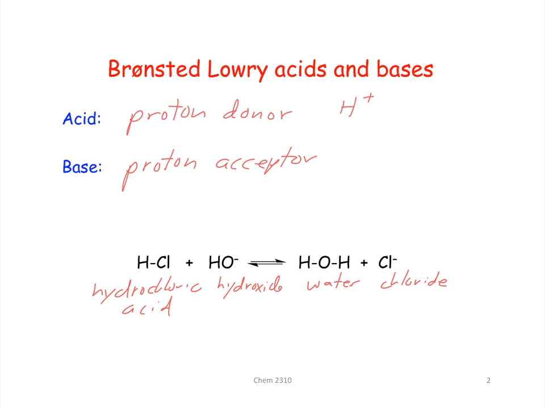All right, so we can take a look at this reaction, and what we might notice is that the proton that's being transferred is this one on the hydrochloric acid. It gets transferred to hydroxide to generate the water.